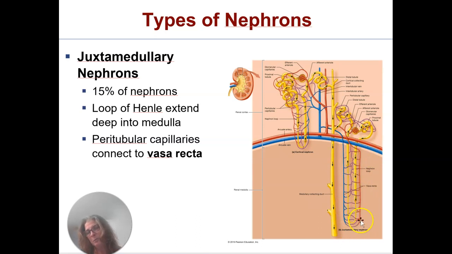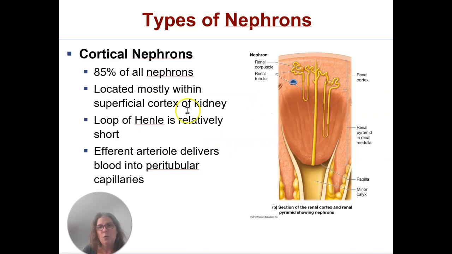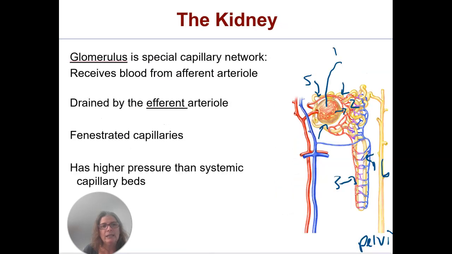And it has an extra blood vessel loop called the vasa recta. So we'll look at those later when we look at how we concentrate our urine. Most nephrons are going to be this cortical type, and that's what we looked at, and you had this picture in your notes. This was a cortical nephron.